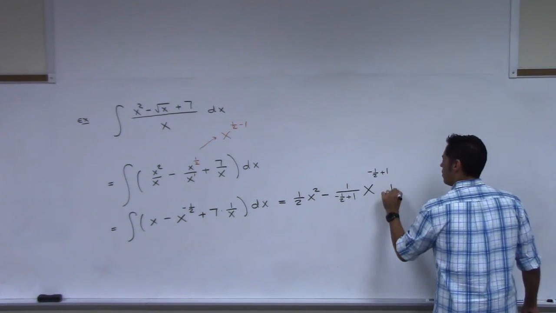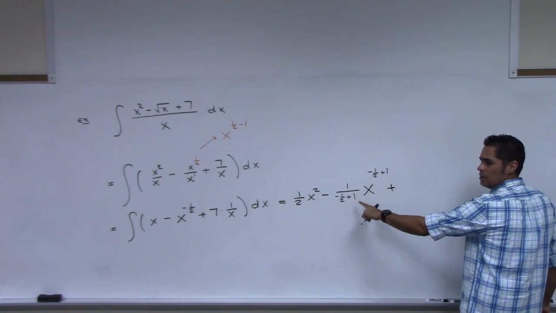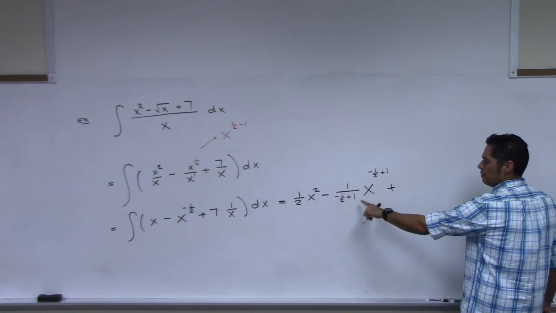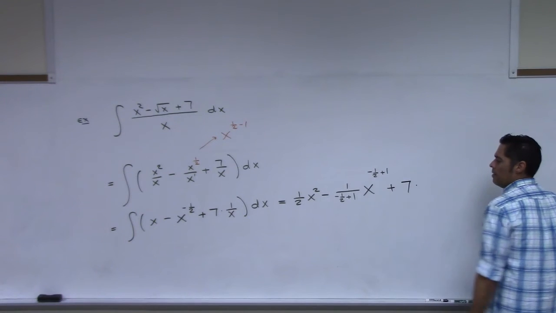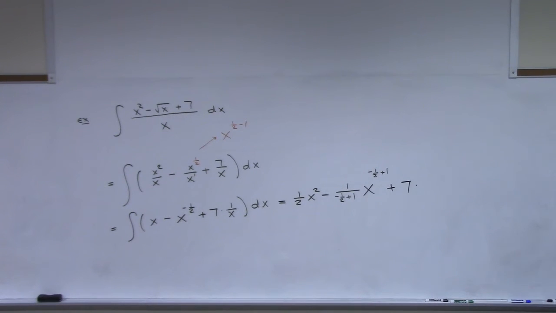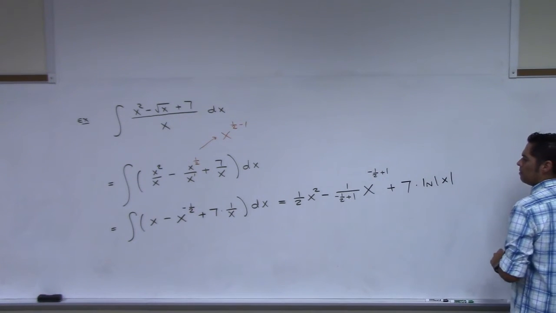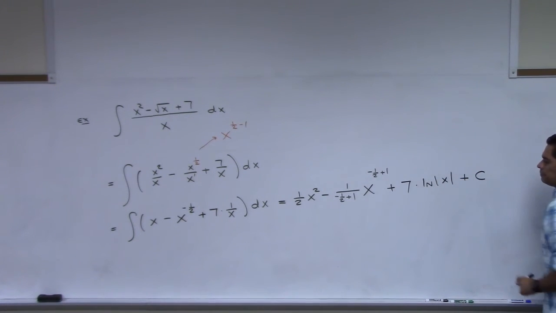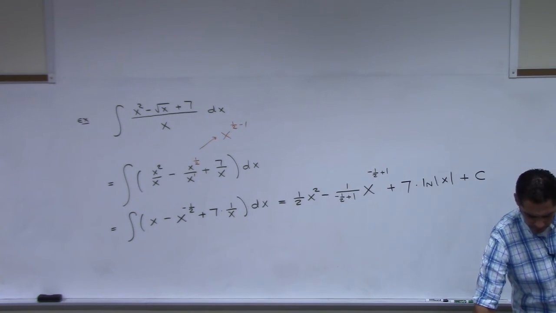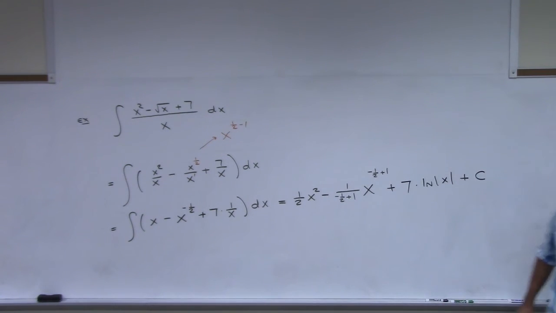And then plus, any questions on that middle one? 7, and then what? Natural log of x. I'm going to use the absolute value. And then plus c. This all right?